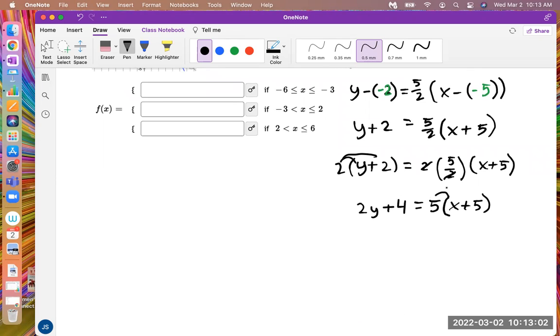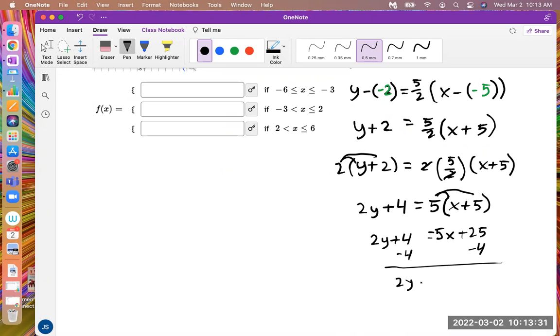Okay, 5 times x, and then I distribute and get rid of the parentheses. 5 times x is 5x. And 5 times 5 is 25. Okay, then I subtract 4 on both sides.